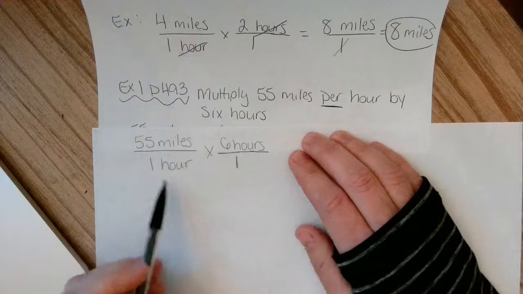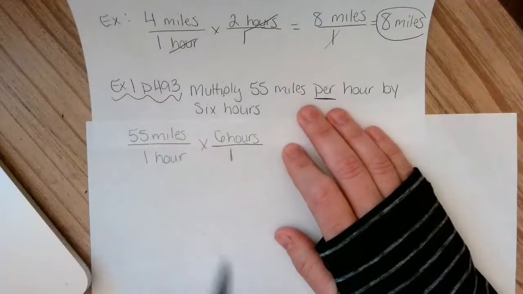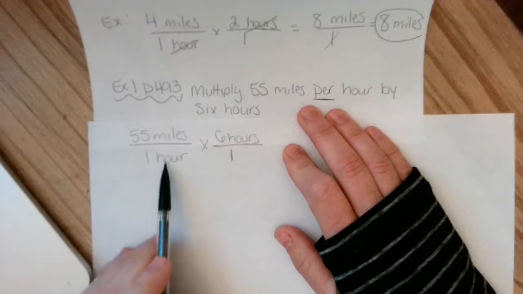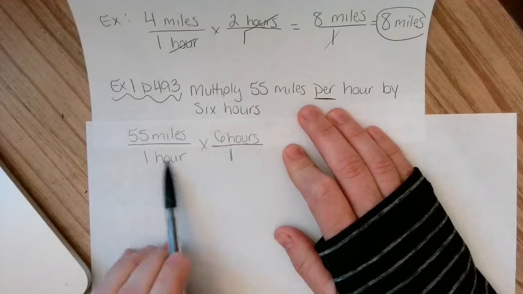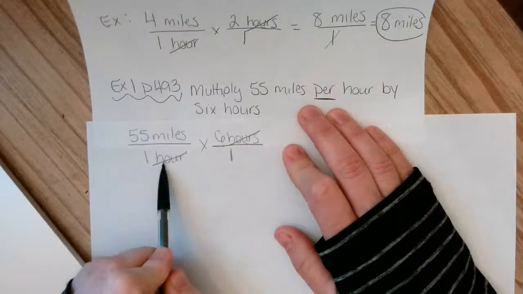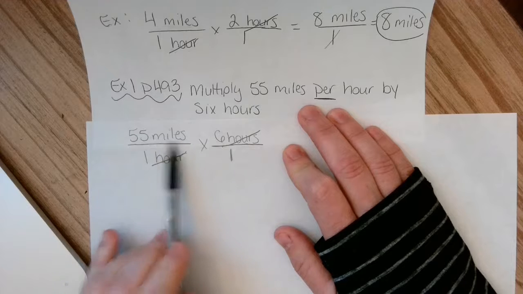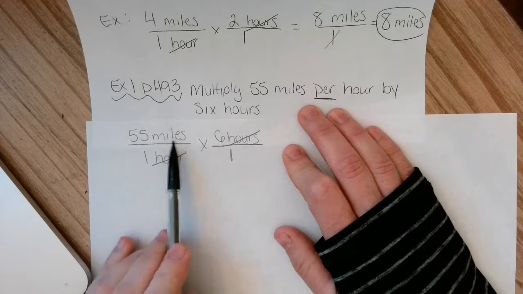So now what I'm going to do is I'm going to cancel out my units that are diagonally opposite of each other. So I have 2 hours that's written. So I'm going to cross both of those hours out. I only have miles that's mentioned 1 time. So I'm going to leave that.